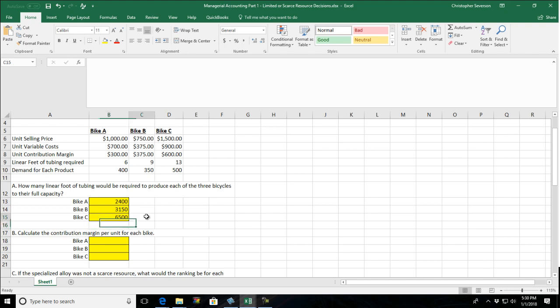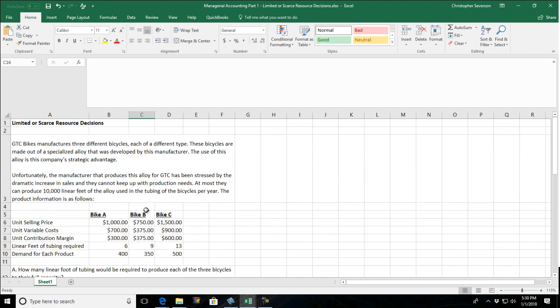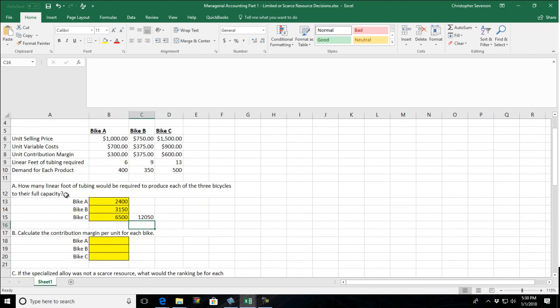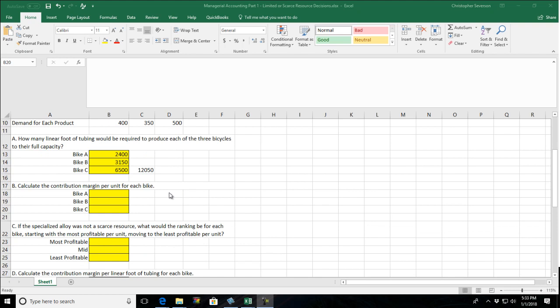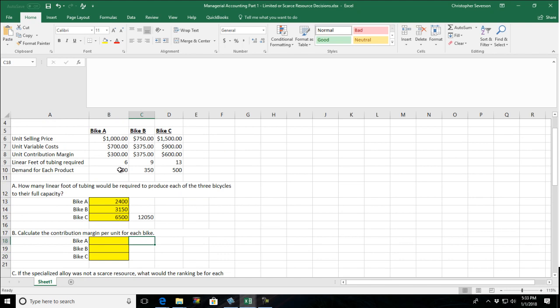Now, right off the bat, if you want to check, if we add all 3 of those up, that demand would require 12,050 linear feet. We only have 10,000 linear feet available to us. So if we needed to calculate the contribution margin per unit for each bike, we would simply carry this amount from up above.